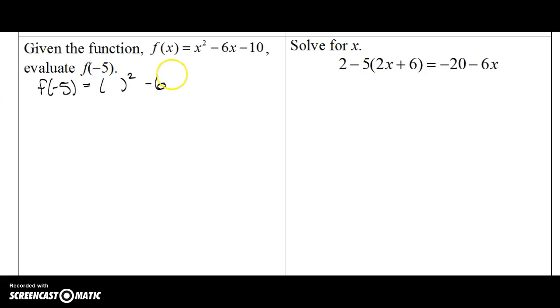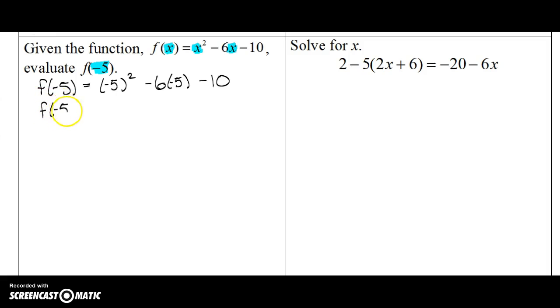So I tend to pre-write. What I need to focus on is every time I see an x, I want to change it to a negative 5. So negative 5 squared minus 6 times negative 5 minus 10.